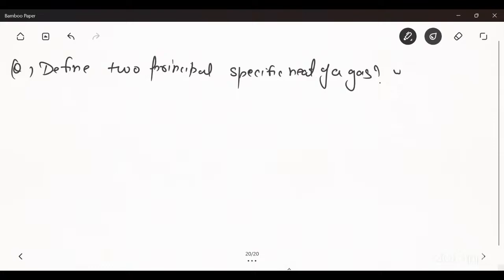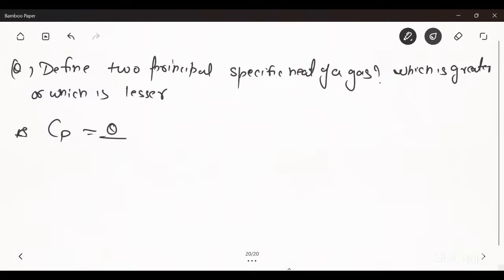The two principal specific heats of a gas are the specific heat at constant pressure, where heat supplied to the system equals number of moles into Cp into delta T. Molar specific heat is defined as the heat required to raise the temperature of 1 mole of substance by 1 degree Celsius at constant pressure.